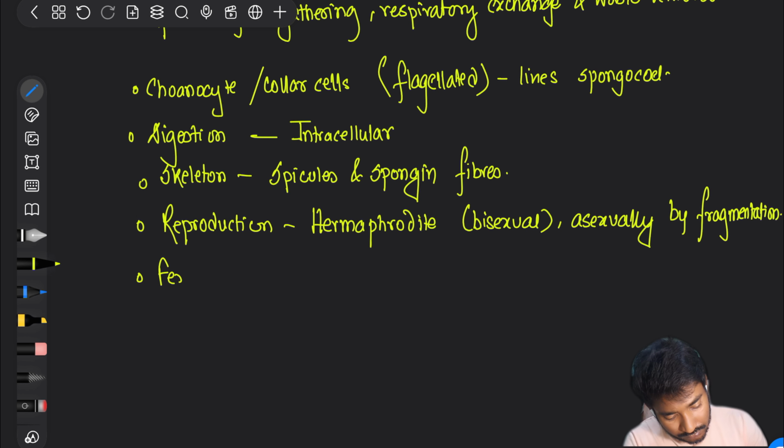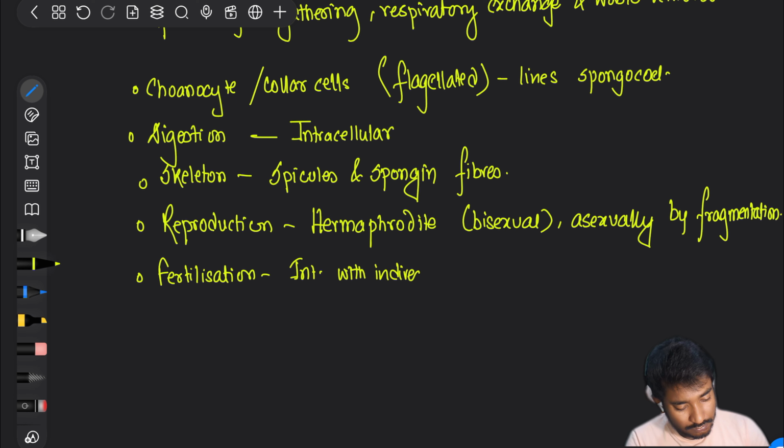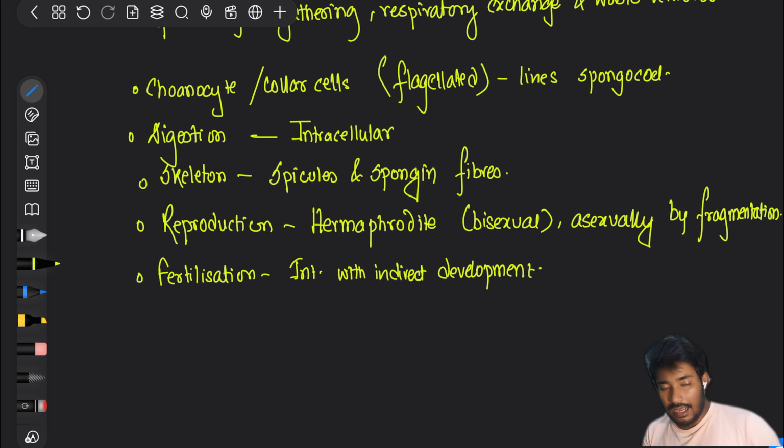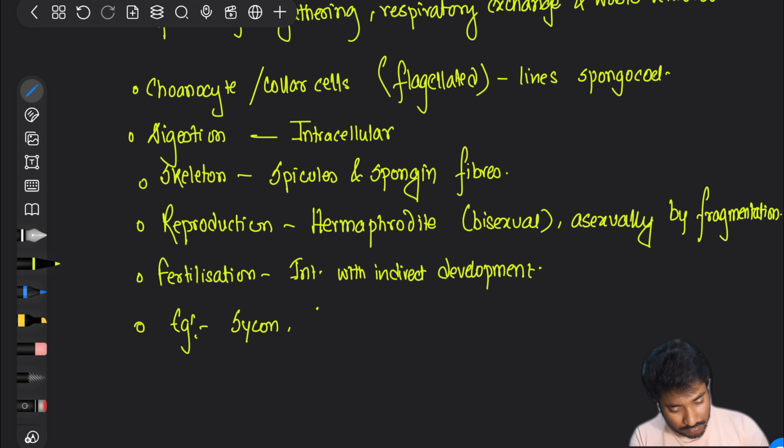Fertilization is internal with indirect development, and indirect development means a morphologically dissimilar larval stage. For example, you can write Scypha, Spongilla, Euspongia.